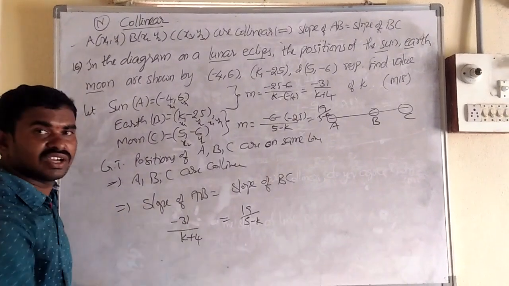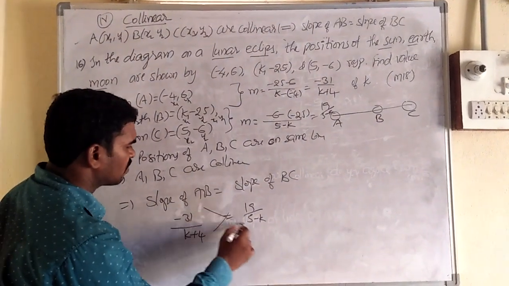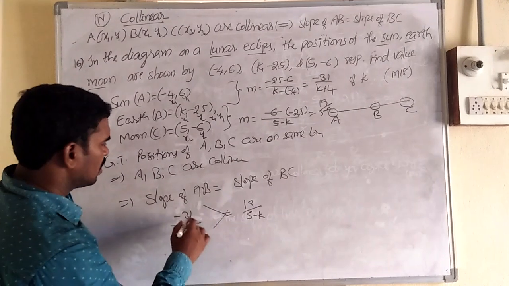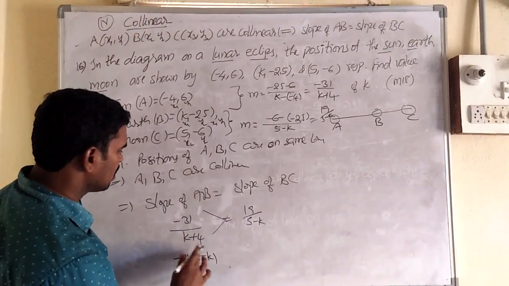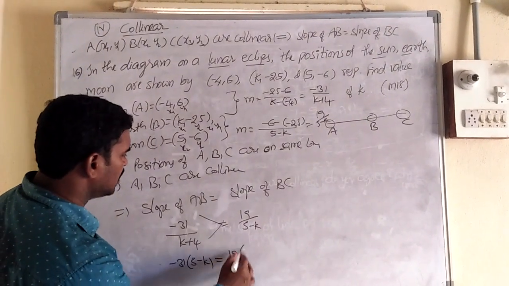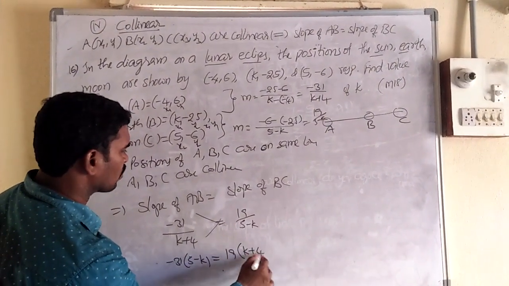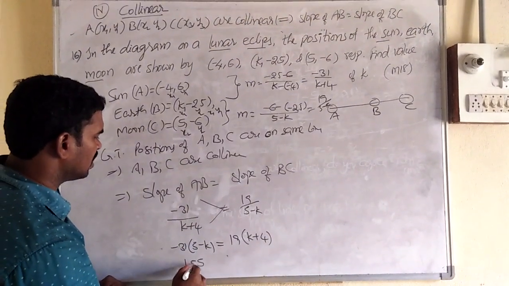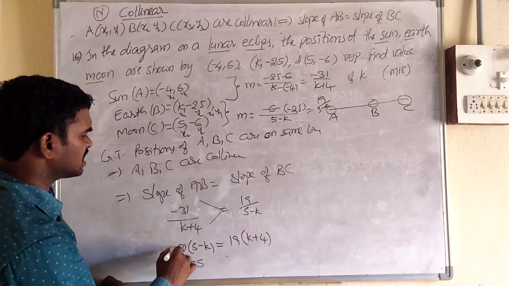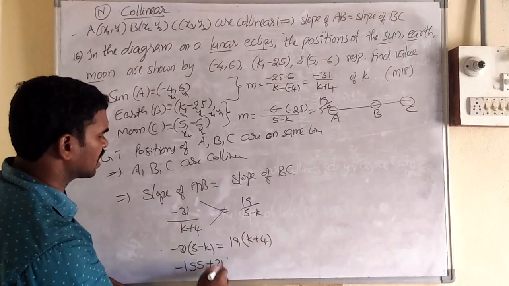Simplifying this, we can get the answer by cross multiplication. -31 into (5 - k) is equal to 19 into (k + 4). -31 into 5 is -155, and -31 into -k is plus 31k.